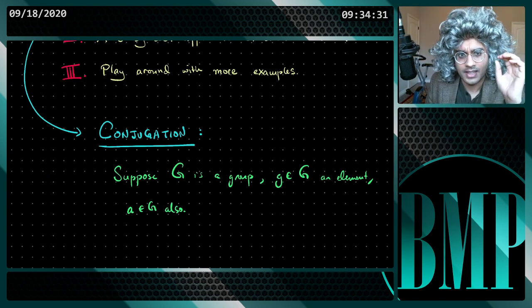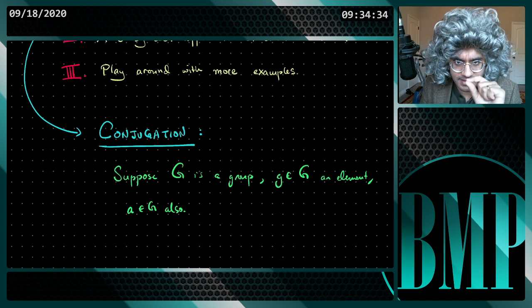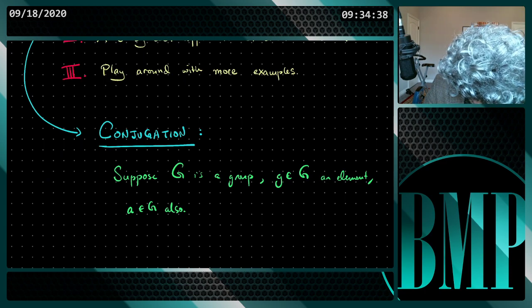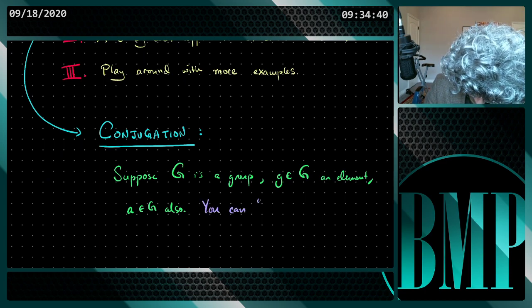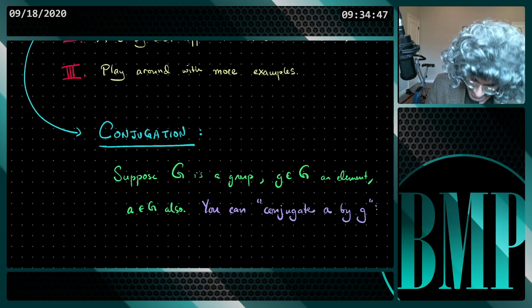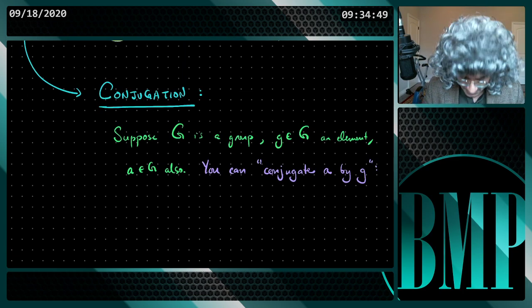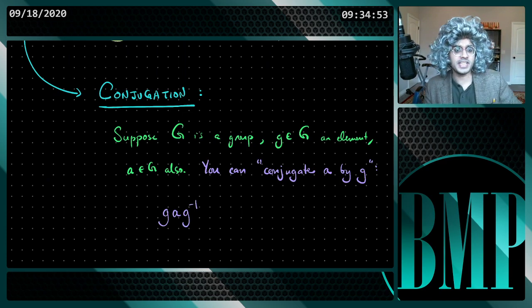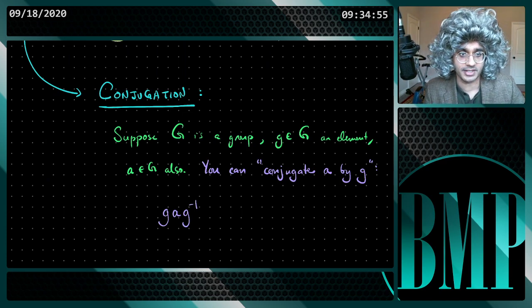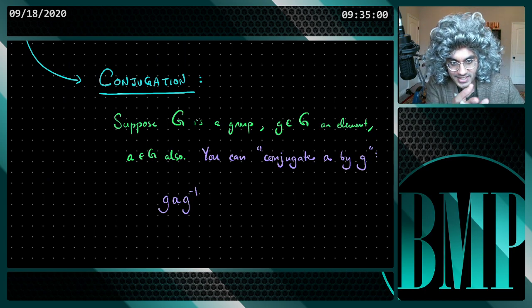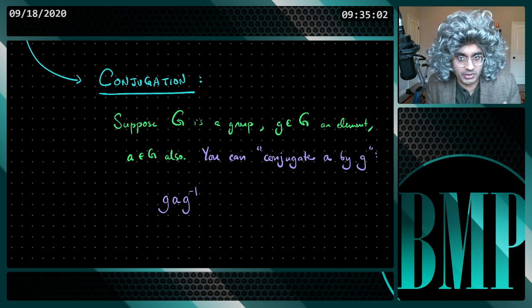Then you can conjugate a by g. What that means is this group multiplication: g times a times g inverse on the other side. So this produces another element in the group, of course.